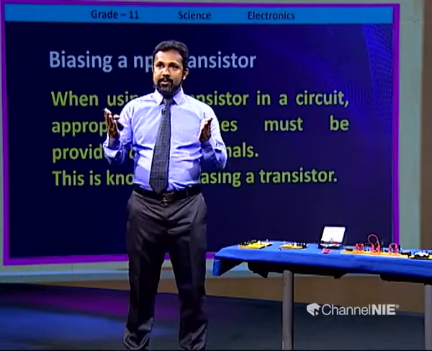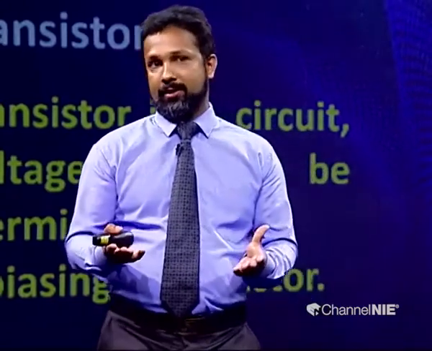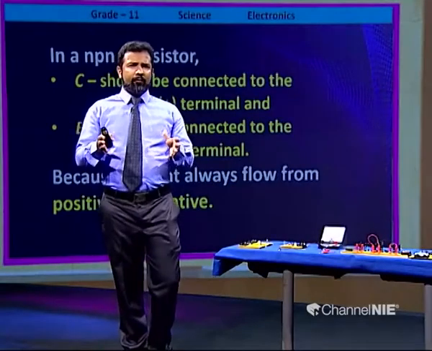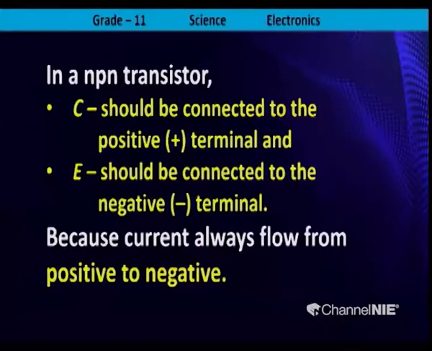When we focus our attention on NPN transistors, the C or collector should be connected to the positive terminal of the power supply, and E or emitter should be connected to the negative terminal of the power supply, because current always flows from positive to negative.